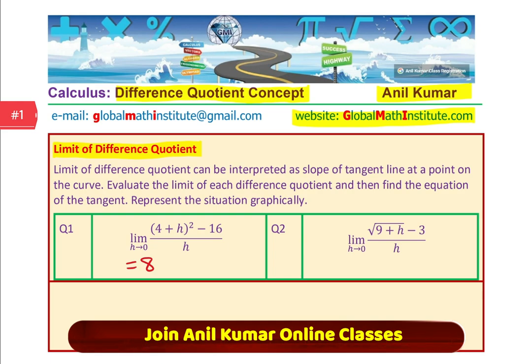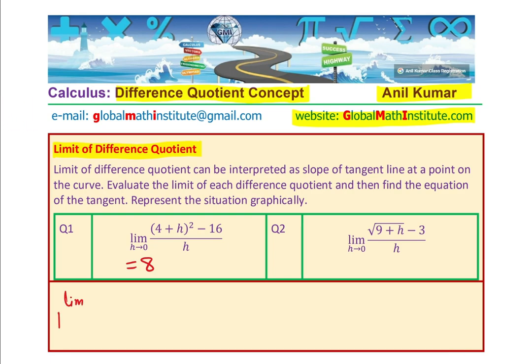You have to figure out what point we're talking about. In the difference quotient, the general formula is f of a plus h minus f of a, where a is the x value, correct, over h. If you compare clearly, what do you notice?